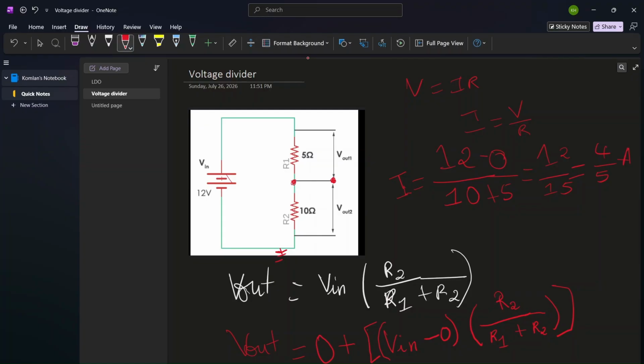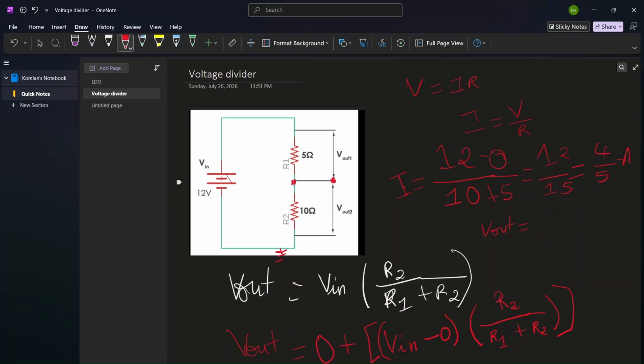Now what do I do? Now I'm trying to find this voltage here, and that voltage is done by basically saying, all right, V out now becomes what? I know the current flowing through all this. So all I need to do now is find the voltage that's being dropped across this.